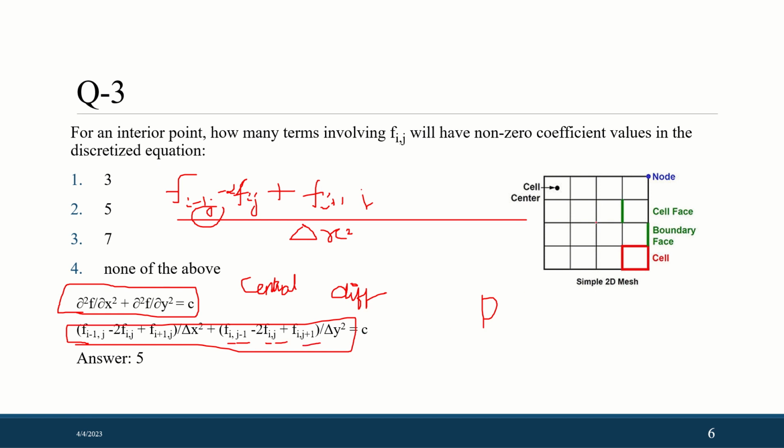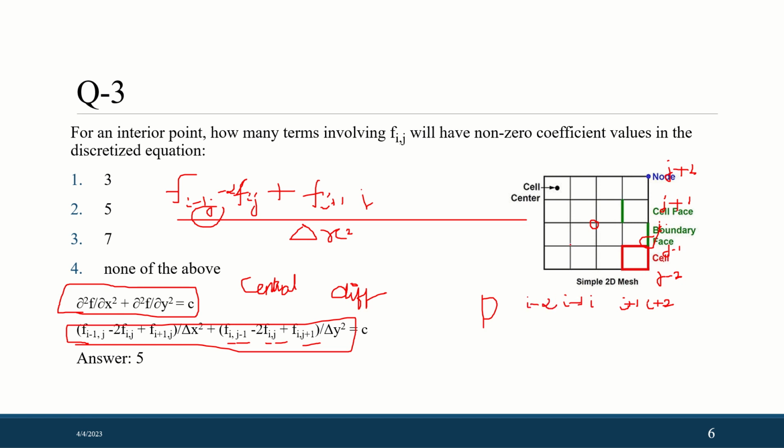Here, if we are considering this to be i comma, this one is j, this is j-1, this is j+1 and j+2 and this is j-2, and this is i+1, this is i+2, and similarly this is i-1 and this is i-2.